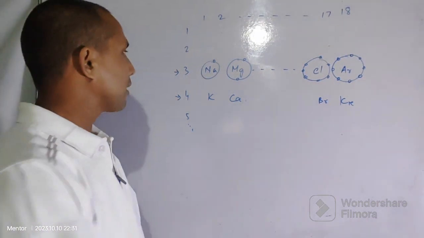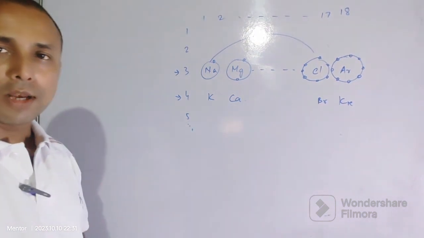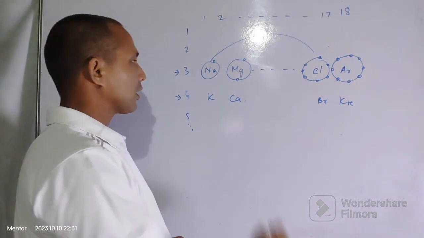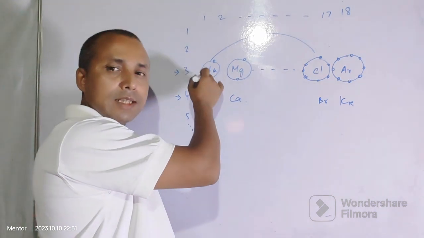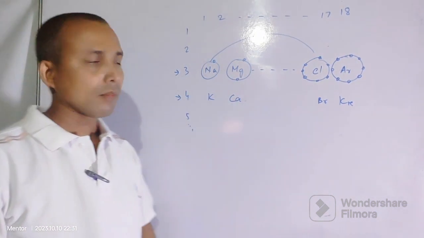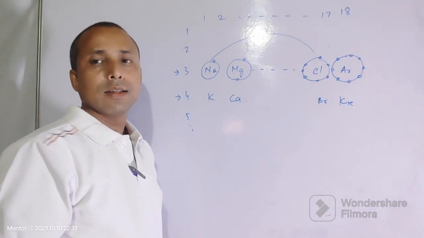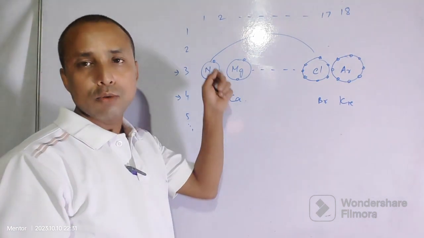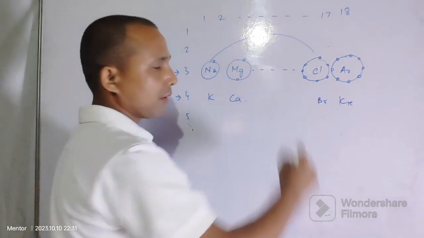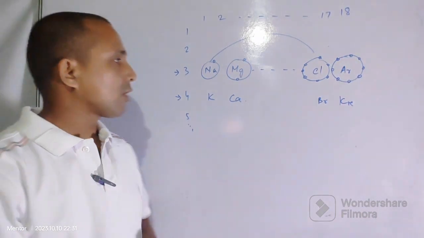But at the same time, if we see sodium and chlorine, sodium also has 3 shells, and chlorine also has 3 shells. Sodium has 1 electron in its outermost shell, and chlorine has 7 electrons in its outermost shell.